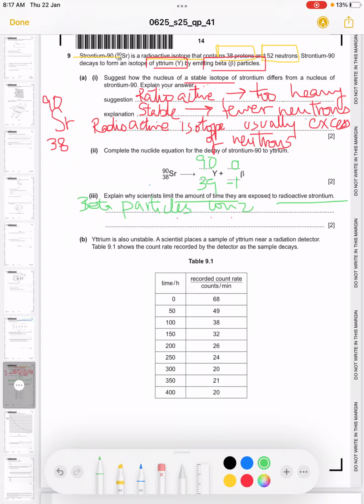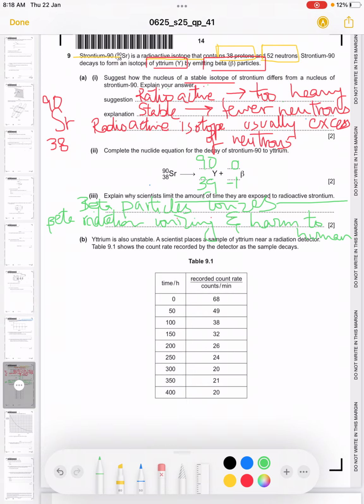We know that the beta particles have high ionization power, right? So it means beta radiations are ionizing and they are harmful to human beings.